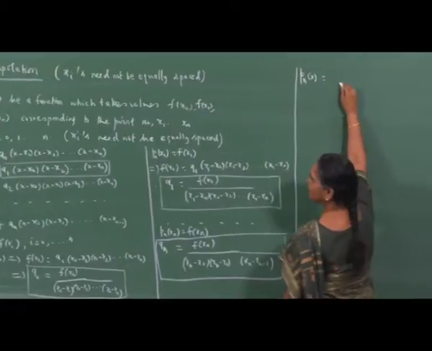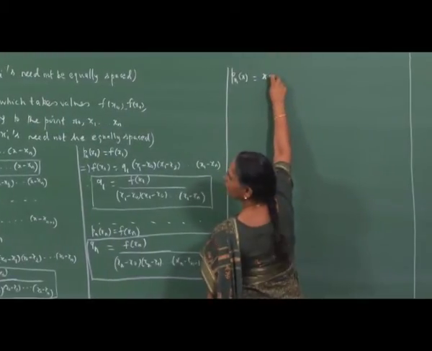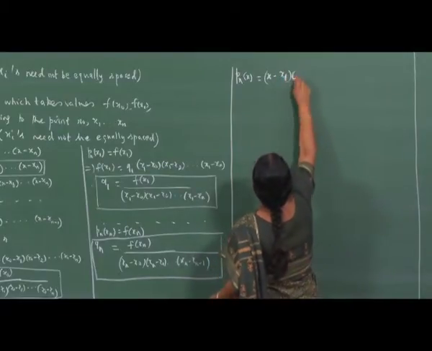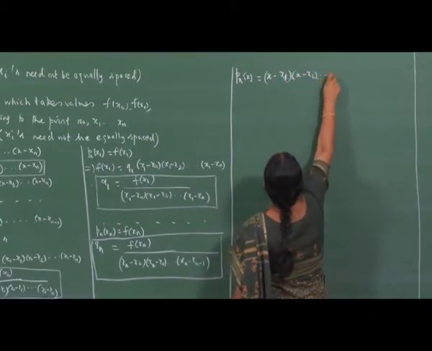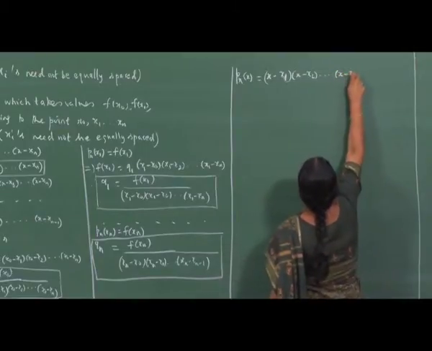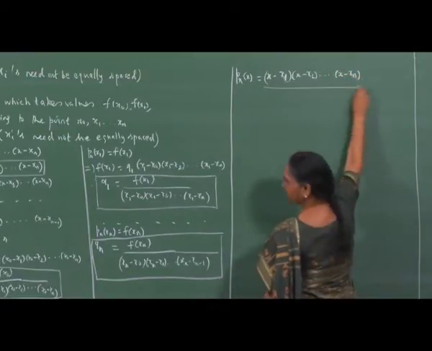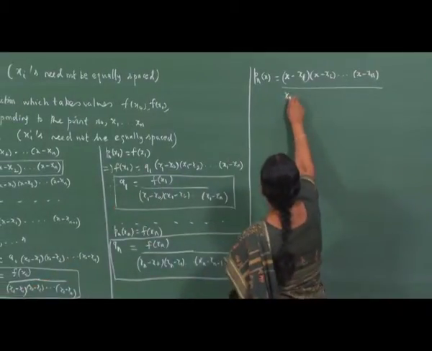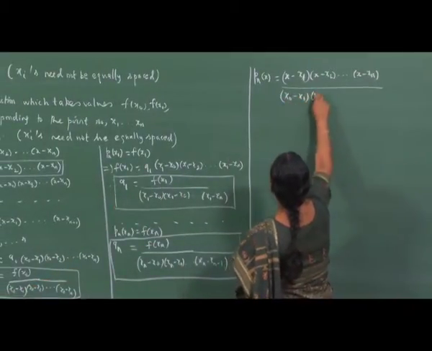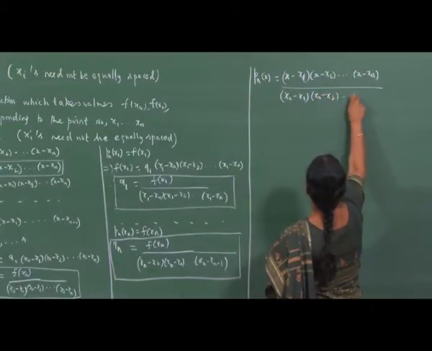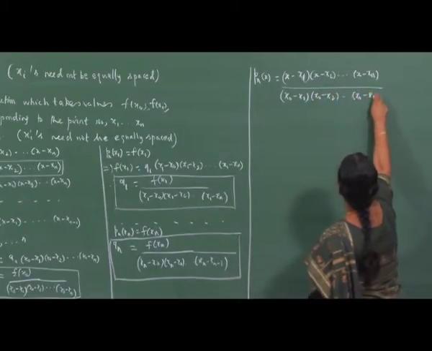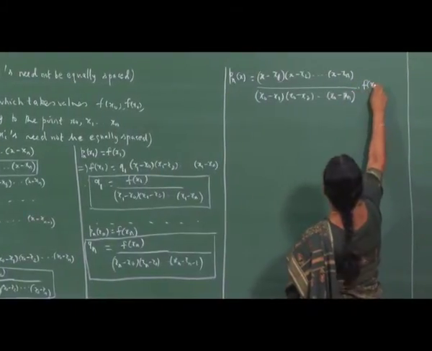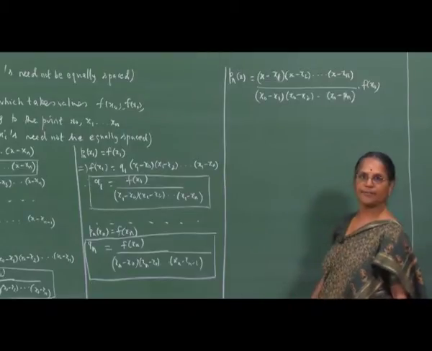So, we shall write down the term as follows. It is x minus x 1 into x minus x 2 etc. up to x minus x n divided by the denominator x naught minus x 1 into x naught minus x 2 etc. up to x naught minus x n multiplied by f of x naught. That is the first term.